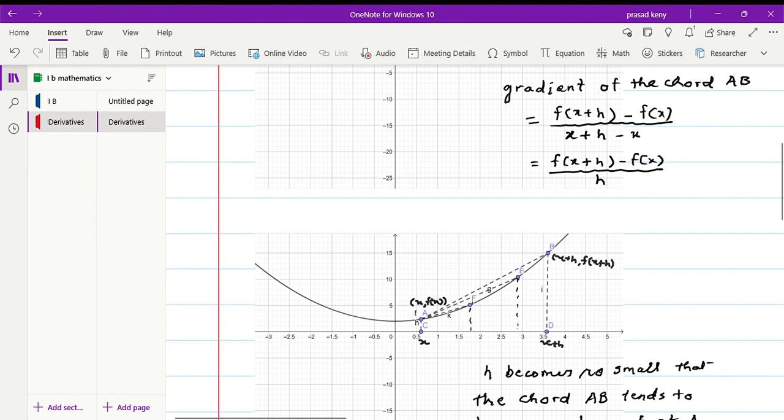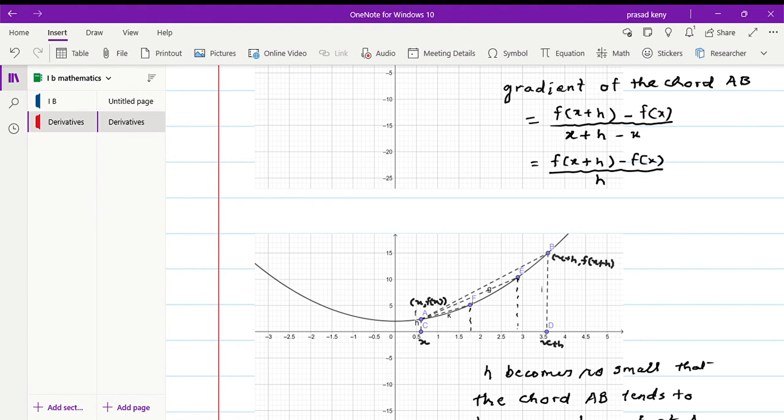Now, what I am doing is keeping A fixed on the curve. I am moving point B towards A. So as B is coming closer and closer to A, h is becoming smaller and smaller. h is the distance between the two x coordinates of A and B.